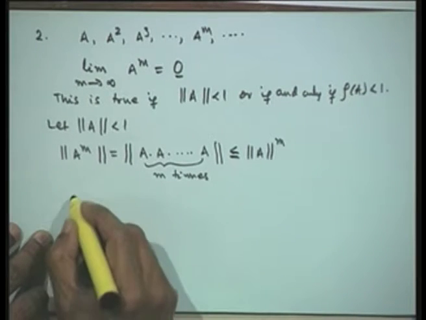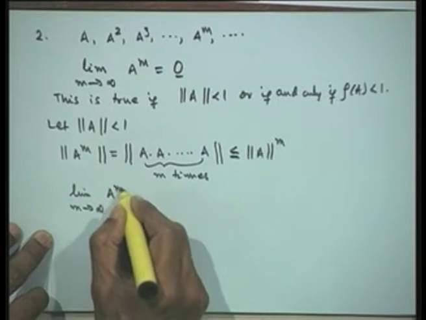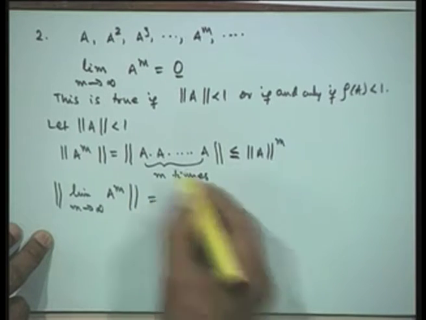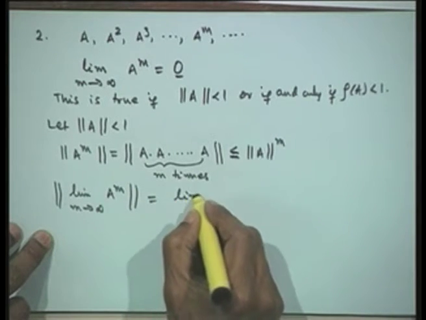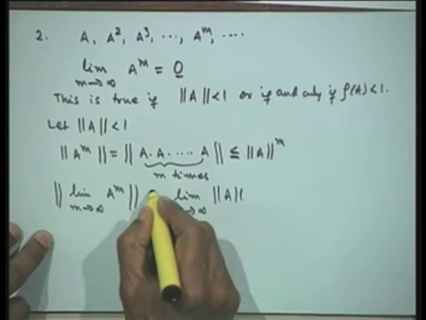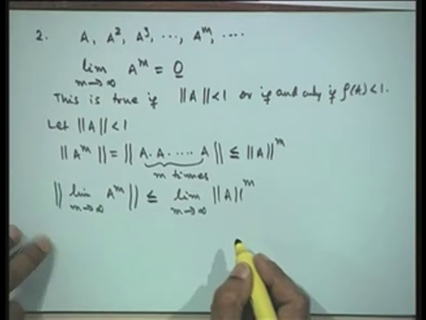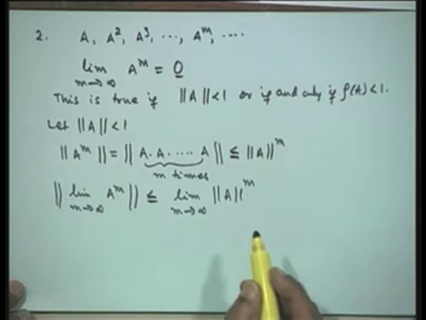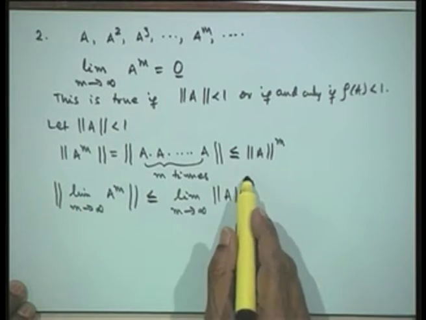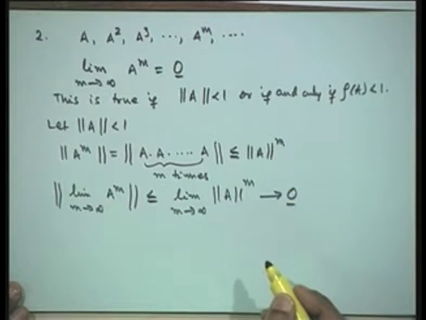Now let us take limit. Limit of m tending to infinity, norm of A to the power of m, less than or equal to limit of norm of A to the power of m. Now norm of A is given as less than 1. Therefore norm of A to the power of m, m tending to infinity, will tend to zero, so A to the power of m tends to a null matrix.